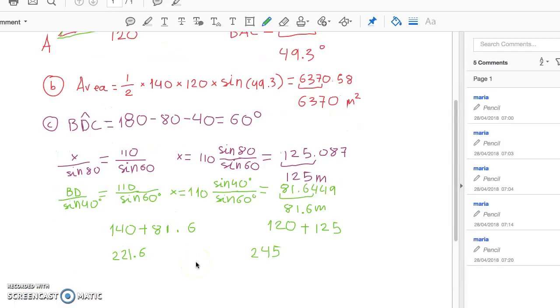Adding them up, I can see that 245 is bigger than 221.6, so it will be shortest to take the upper route, as they were telling us, A, B, D, to go from the tractor to the farmhouse. That answered the question.